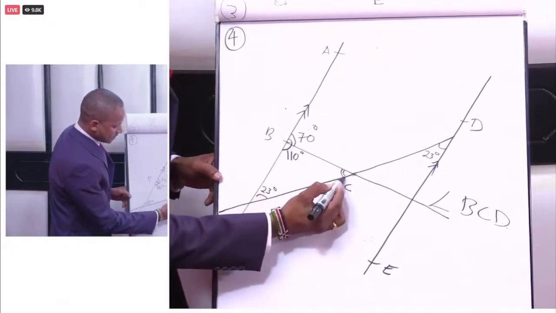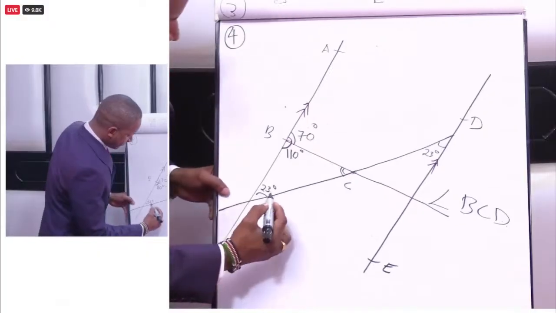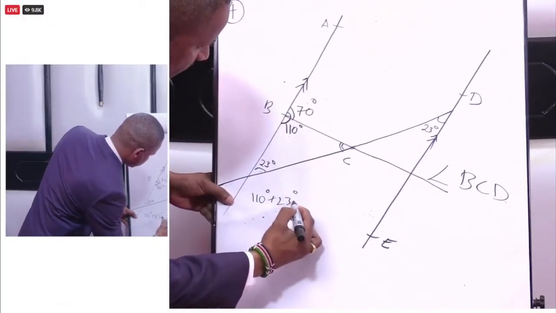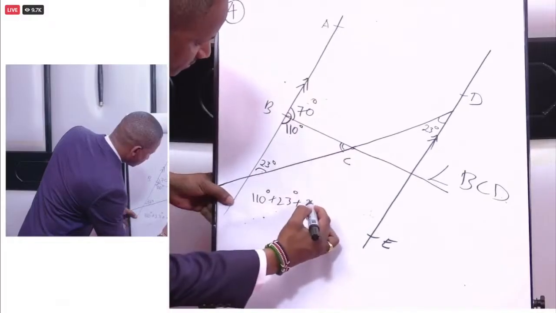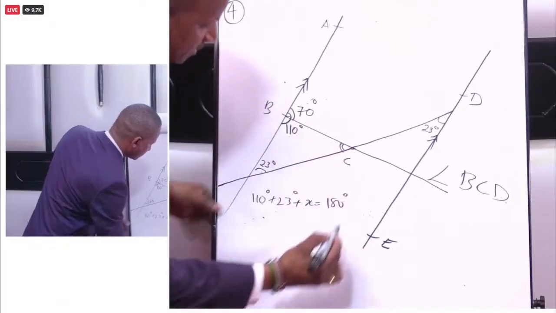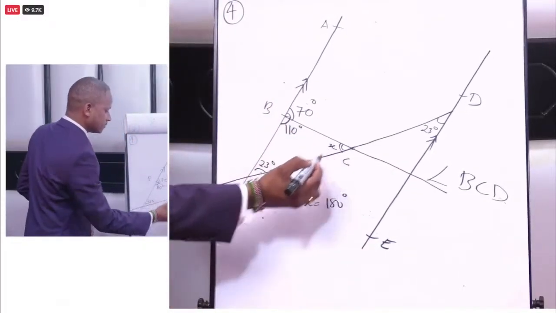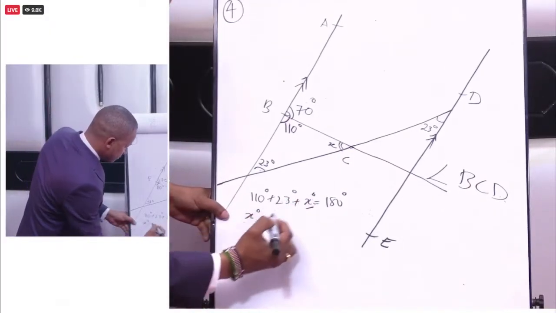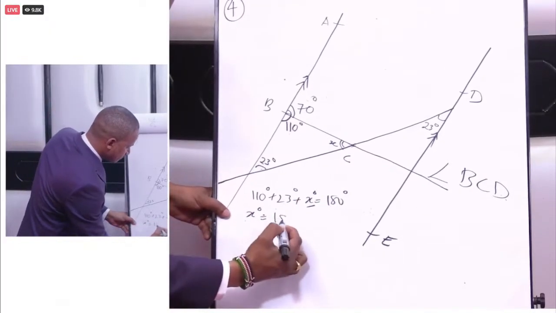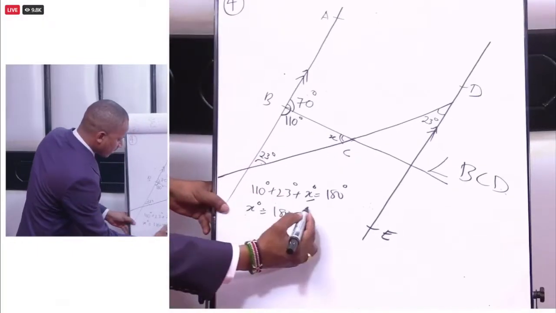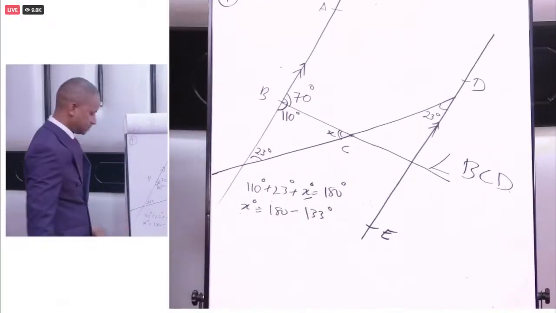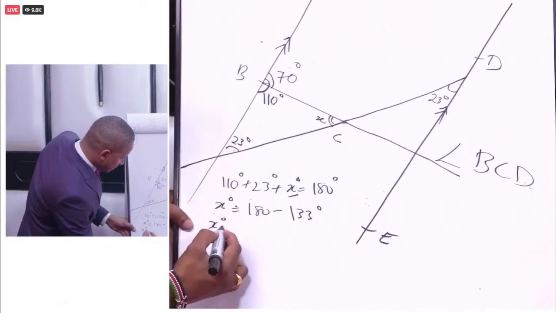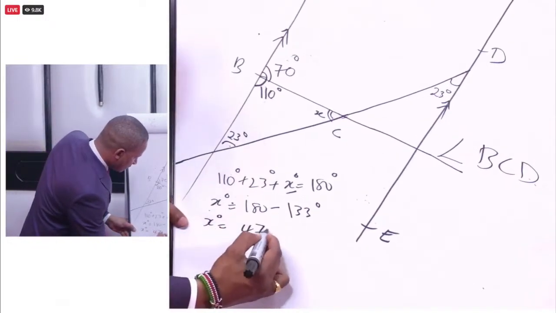So we can get this angle: 110 plus 23 degrees plus 23 degrees plus this angle X equals 180 degrees. We name it angle X. So angle X equals 180 minus 133 degrees. 110 plus 23 is 133 degrees. So angle X equals 47 degrees.